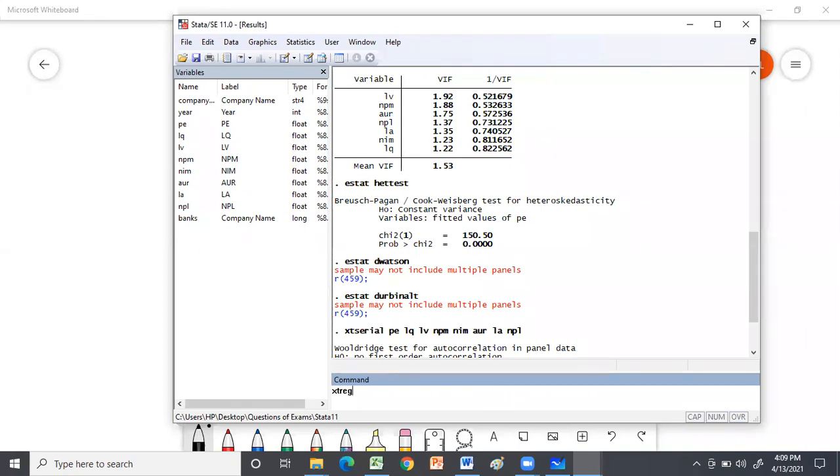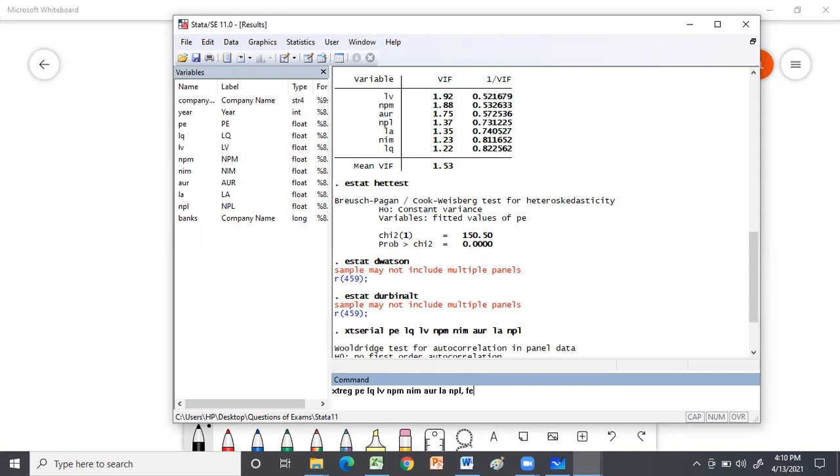XT stands for panel data set, REG for regression, then the dependent variable and all your independent variables. Then put a comma, a space, and write FE. FE stands for fixed effect, meaning you are estimating from this regression model considering the fixed effect method.